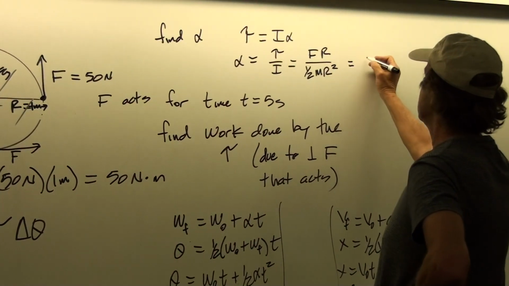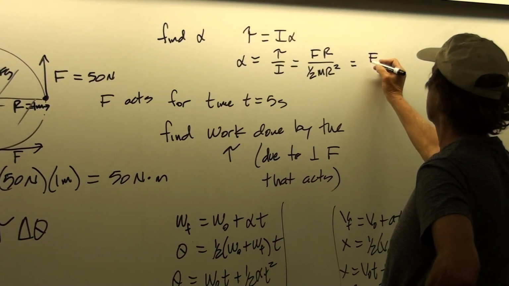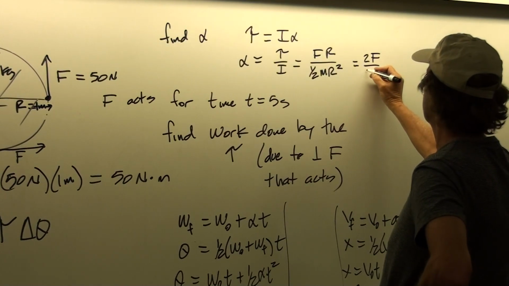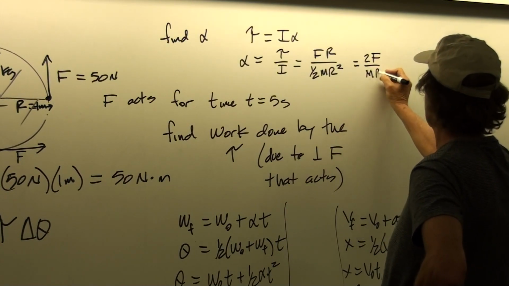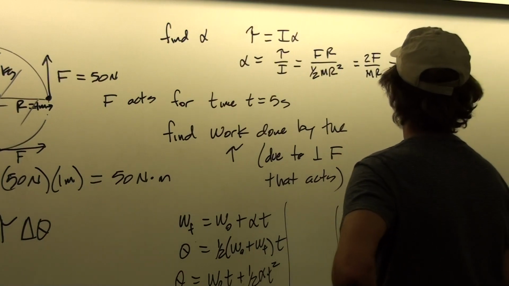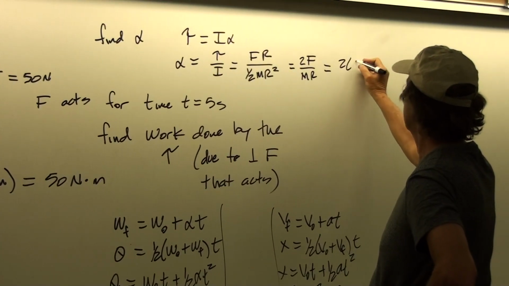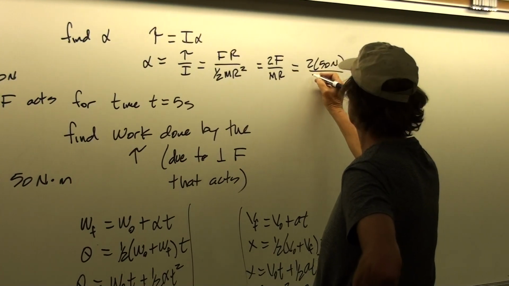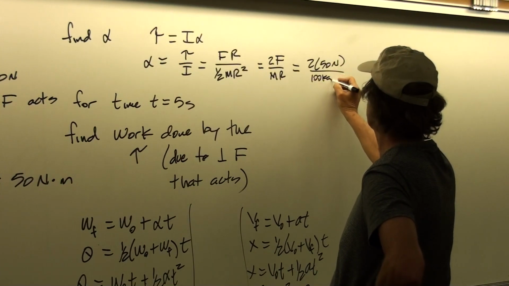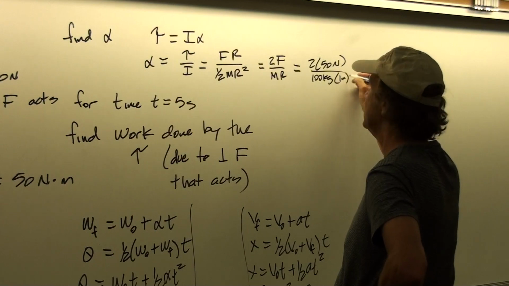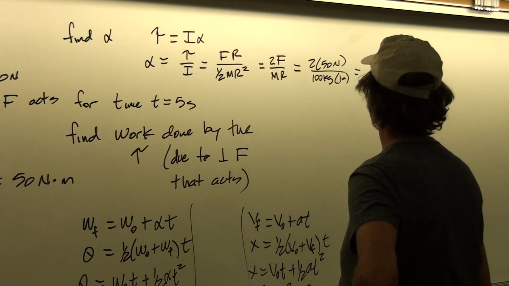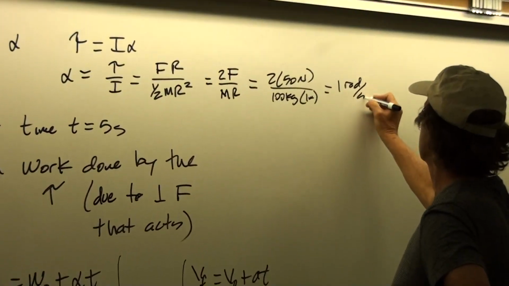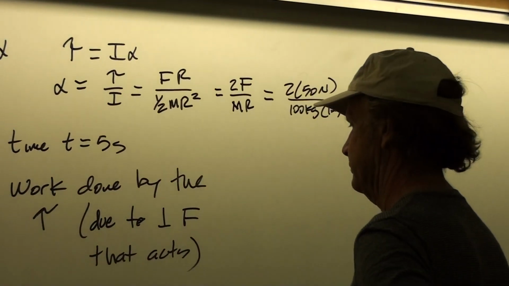Okay, so that's going to be equal to F, the 1/2 here goes up to the top, over mr. And so alpha then would be 2 times 50 newtons divided by m, which is 100 kilograms, times r, which is 1 meter. And that would give us 1 radian per second squared for alpha.